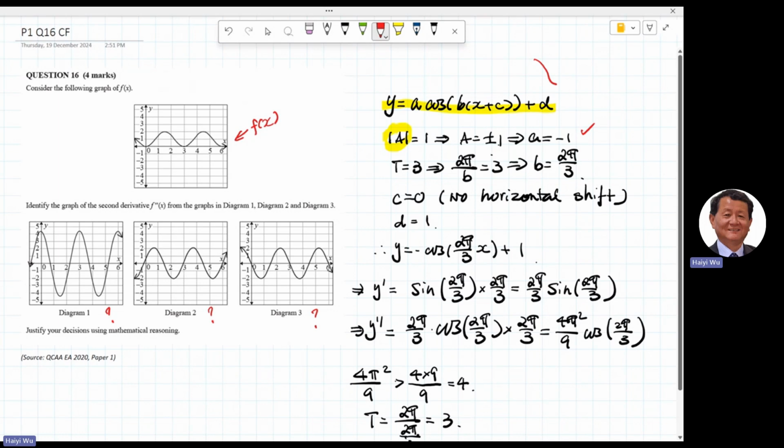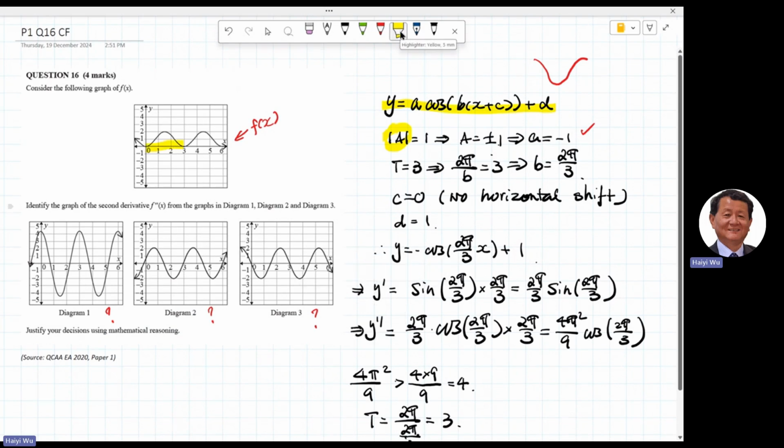Normally cosine has that shape, but now it's turned over, so a is negative 1. Then the period is 3, because that's one cycle.